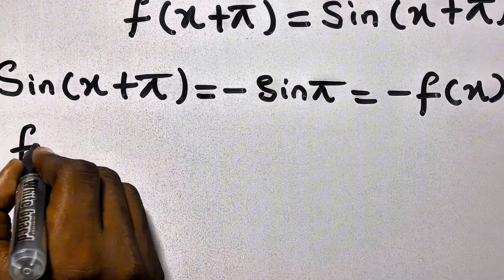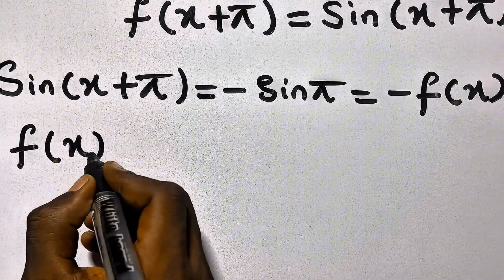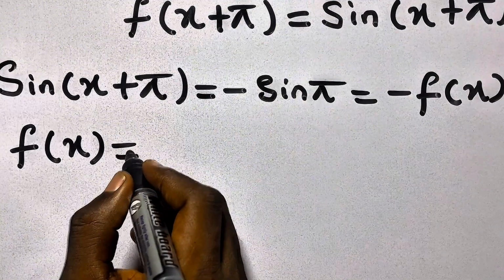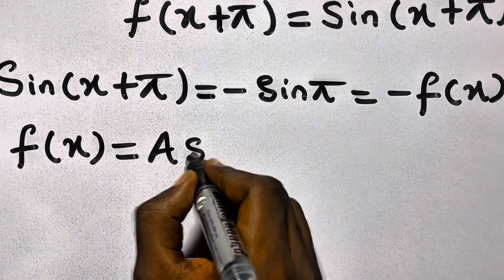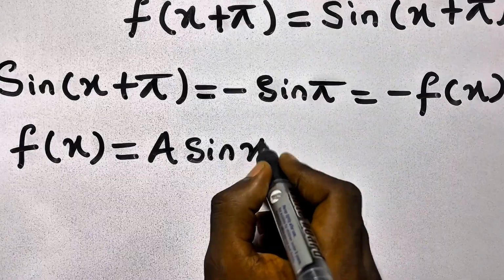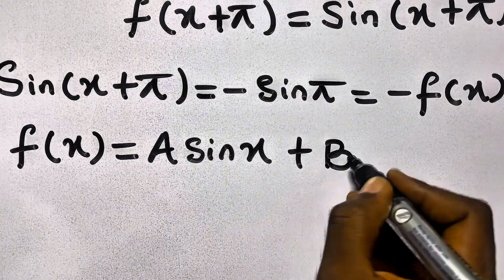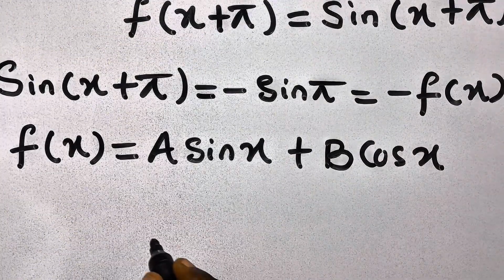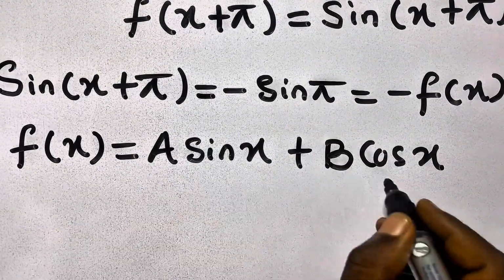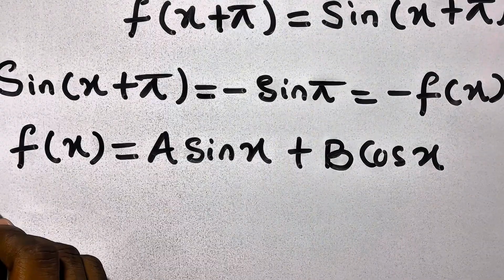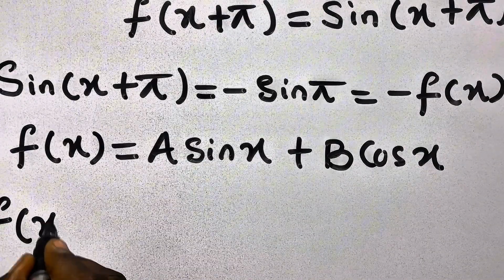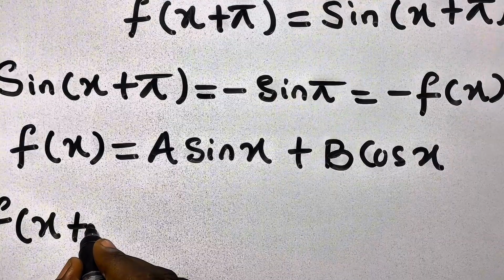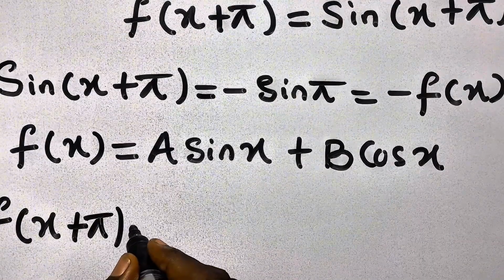Then here we can have f of x equals a sine x plus b cos x as this expression. If you have something like this, we have f of x plus pi, right?